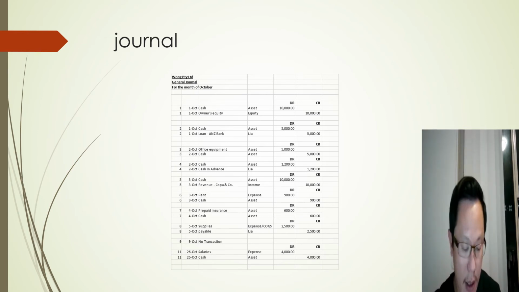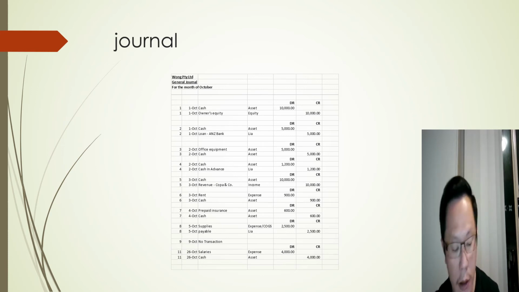Number 9. Hiring of new employees. So on the 9th of October, Wong Pty Limited hired 4 new employees to begin work on the 15th of October. Each employee will receive a weekly salary of 500 for 5 working days in a week.